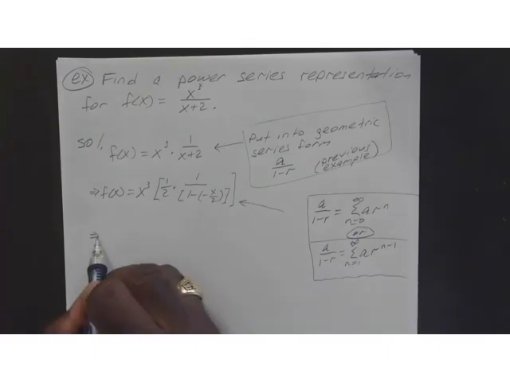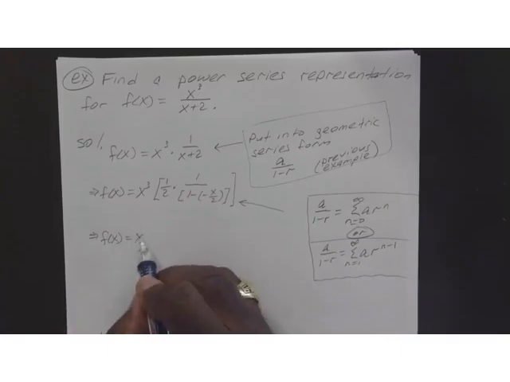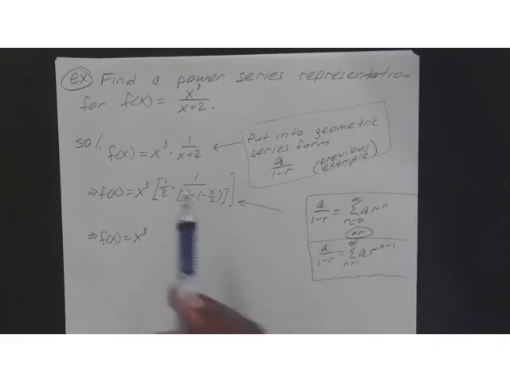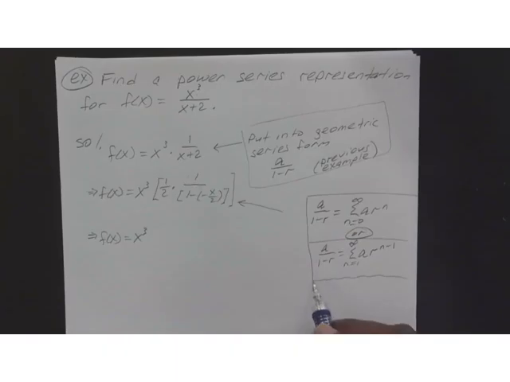Okay, so we know that our f of x is equal to x to the third power. And we know that our a is equal to 1/2.